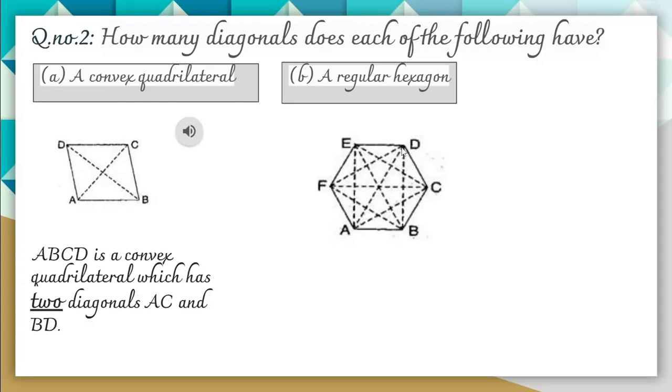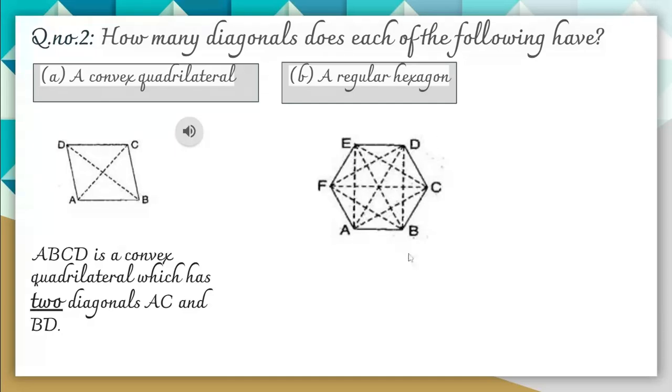Now with D, D to B is already connected and D to C also already connected. What is remaining? D to F is remaining. So we can draw D to F. Now if we go through E and F, all those lines are connected, so no need to draw again.